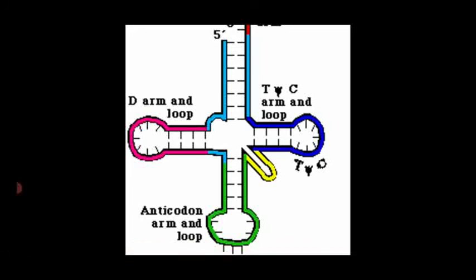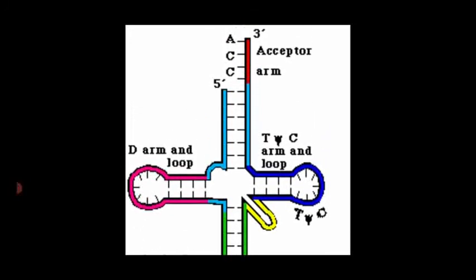So this anticodon arm, which is complementary paired with the mRNA codon, is known as, what is that? Anticodon, which starts from the 3' to 5' direction. Then the amino acid acceptor at the top is there.